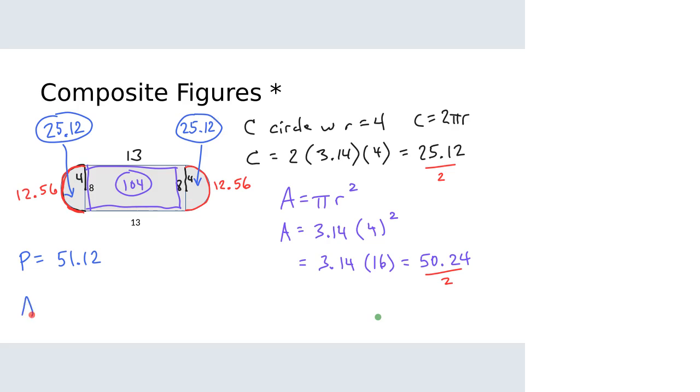And so now when I want the area of this whole shape, it's going to be 25.12 for the half circle on the left, plus 104 for the rectangle in the middle, plus 25.12 for the half circle on the right. And we'll add all that together and end up with 154.24.